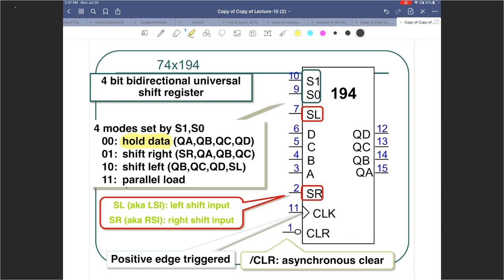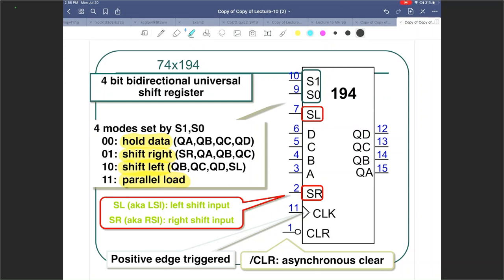It can shift data right, it can shift data left, it can do a parallel load. So those are the four modes of the 74X194, which is a bidirectional, it can go either way, universal shift register.